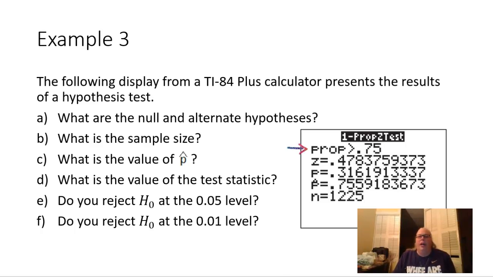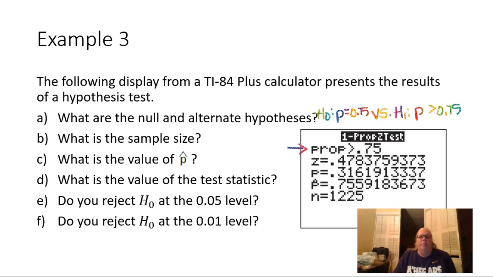Now, the TI-84 only gives you the alternate hypothesis, so we'll have to deduce what the null hypothesis is based on our alternate hypothesis. Since our alternate hypothesis is that P is greater than 0.75, our null hypothesis is going to be that P is equal to 0.75.